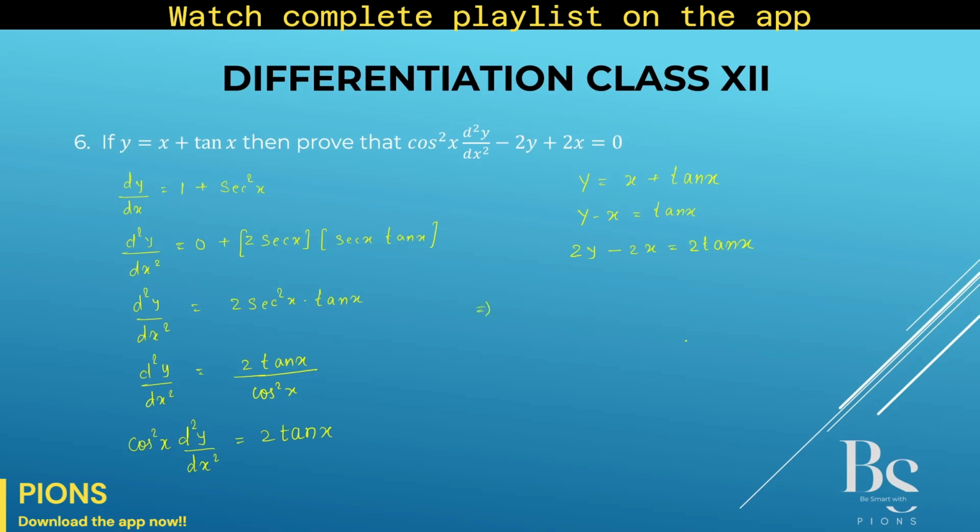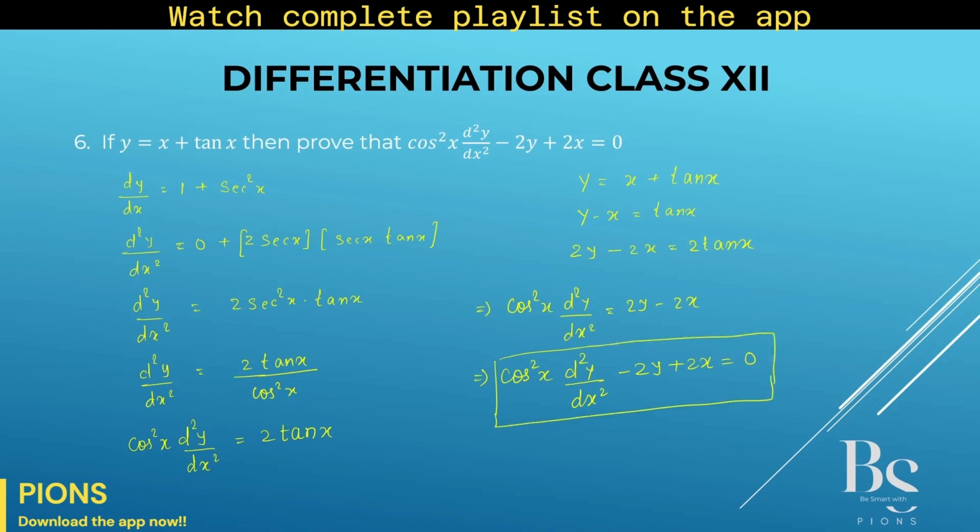This equation will take the form cos square x d square y by dx square equals 2 tan x, which equals 2y minus 2x. Great. Let's take both the terms to the left hand side. So it will be cos square x d square y by dx square minus 2y plus 2x equals 0. Is it matching the equation we want? Yes. So this is our answer to question number 6.